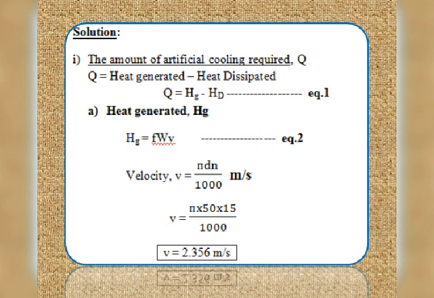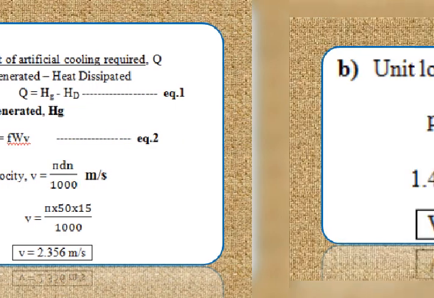And heat generated H suffix G is equal to Hg, that is F into W into V, call that equation number 2. And velocity V is equal to pi d n divided by 1000. That is required in terms of meter per second, and where n is in terms of RPS, revolutions per second. Substituting that, we are getting the velocity V is equal to pi into 50, diameter is 50, into n is equal to 15, divided by 1000.